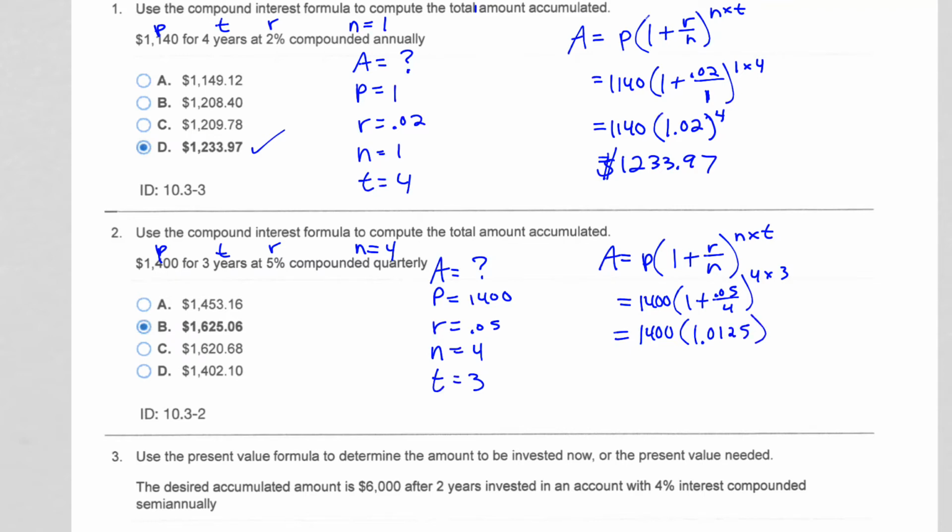Just add that to 1, so 1 point that decimal. And then 4 times 3 you can do in your head. And now you can type this in. Whoops, that's not what I meant. 1,625 and 6 cents. There he is.